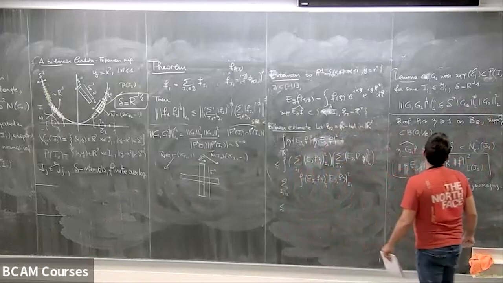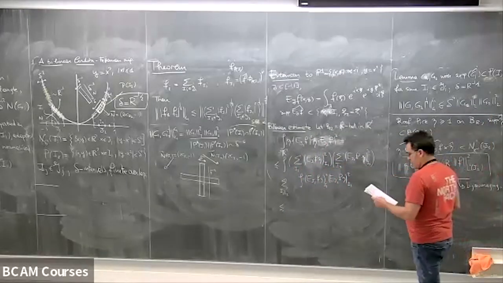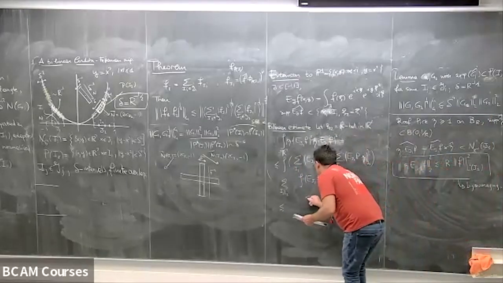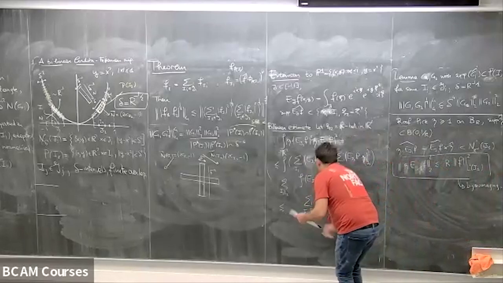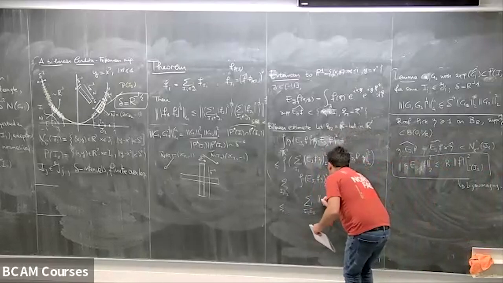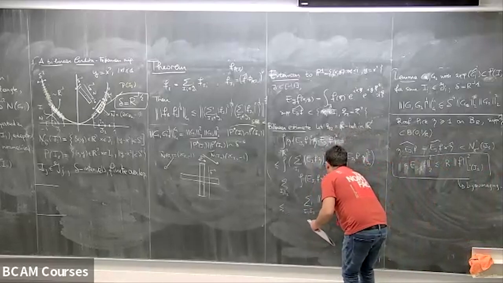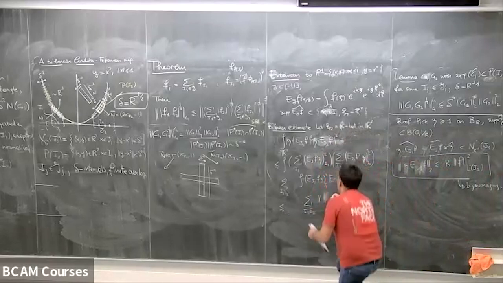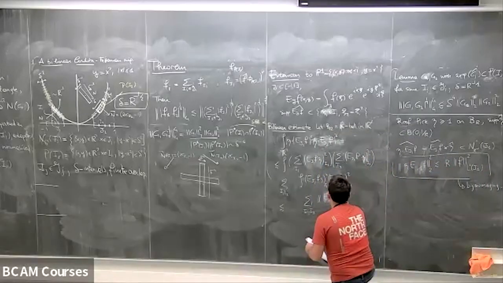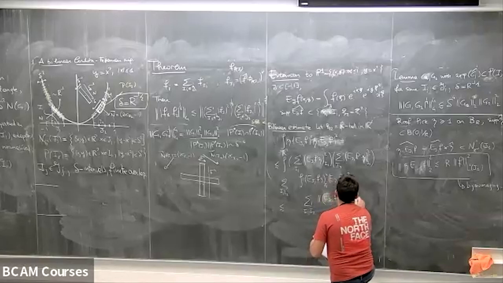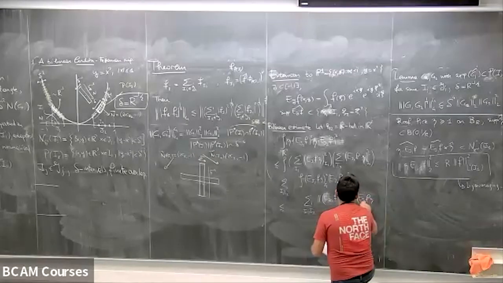We're going to go to the sum over I1 and I2 of the L2 norm of E J1 f eta I1 squared times E J2 f eta I2 squared.